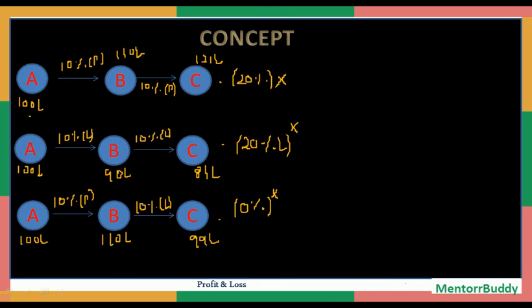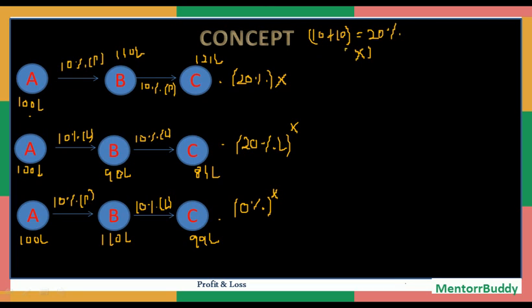So this gives me one simple understanding: two profits, or two losses, or one profit and one loss are never simply additive. It implies we can't add 10 plus 10 to be 20% simply. That is going to be wrong.